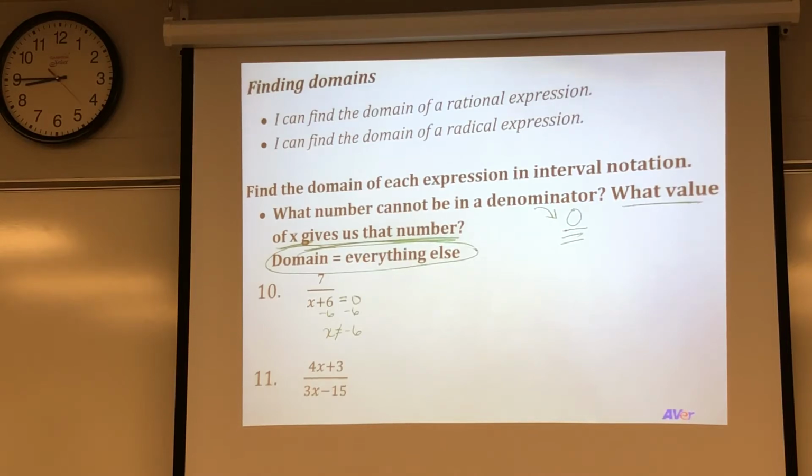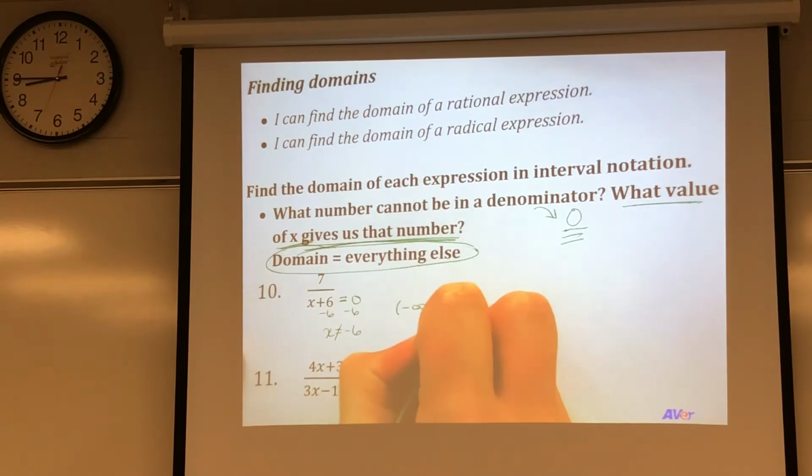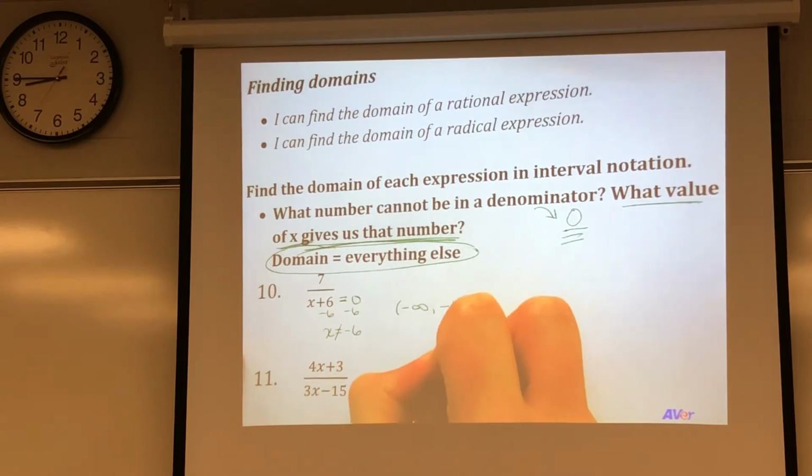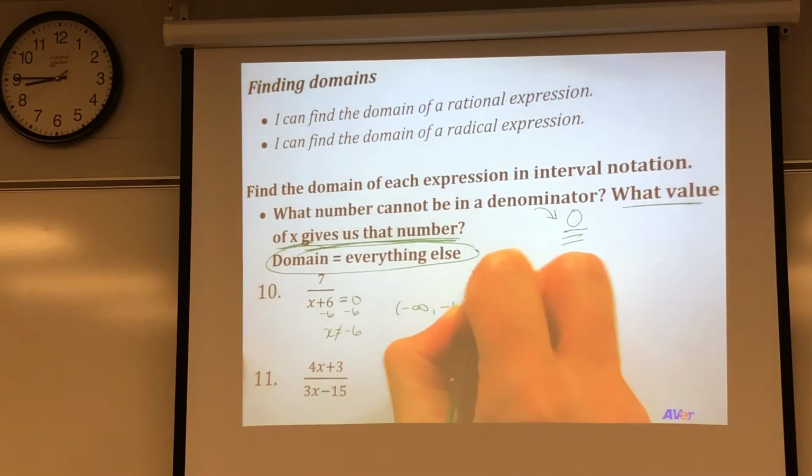So we write every other number in interval notation like this. We start with -infinity, the lowest number we have. We go all the way up to -6, but we use a parenthesis, because remember, parenthesis means not included.